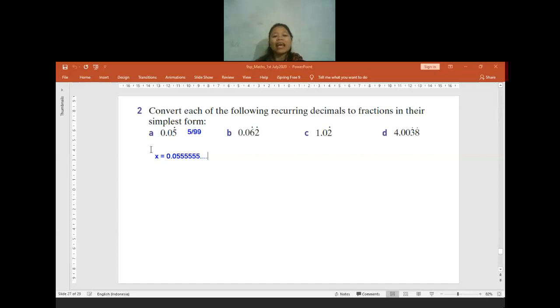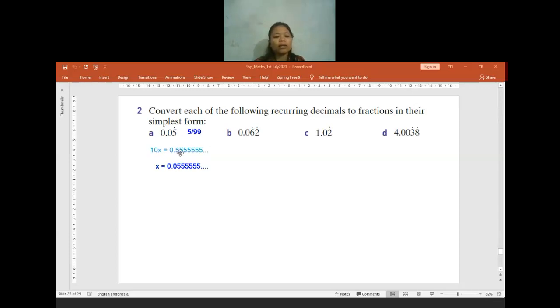So do we find 10x or 100x? 10x, right? Because it's only 1 digit. So 10x will be equal to 0.5555, like this. Is there anyone who is confused, or maybe I go too fast?